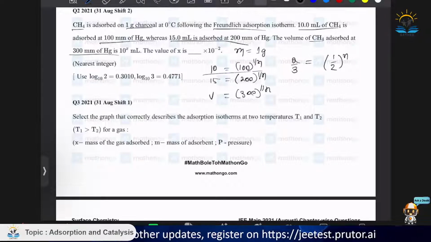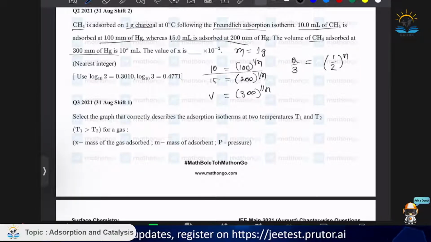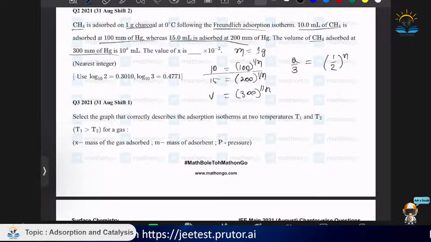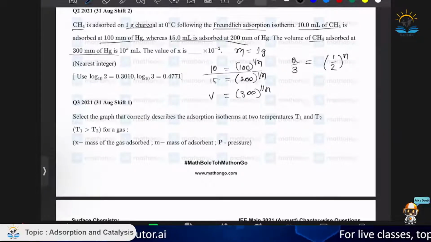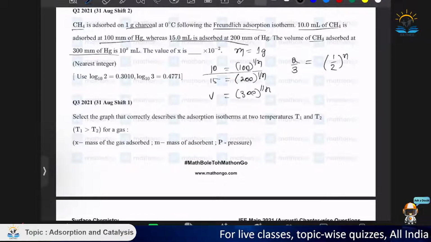Log 2 and log 3 they've given. Taking log on both sides.